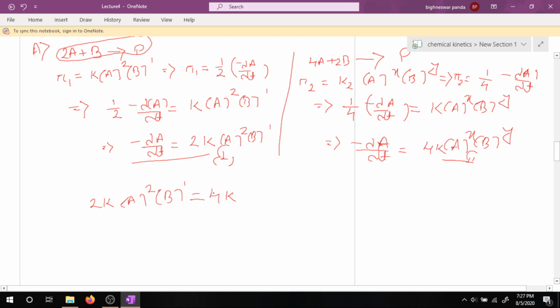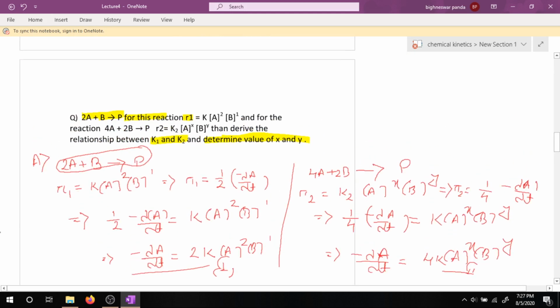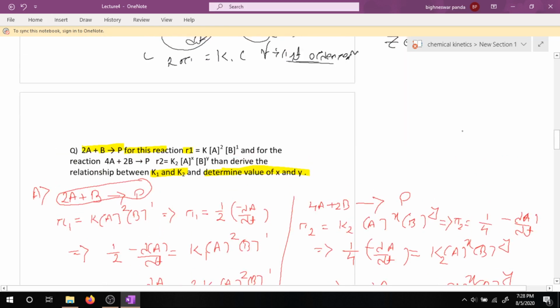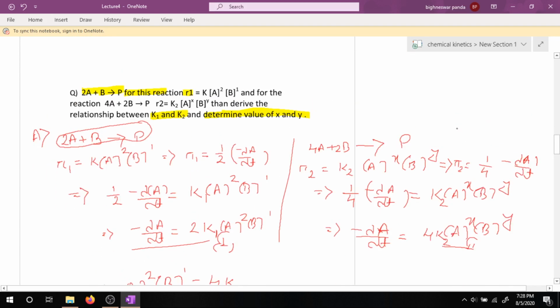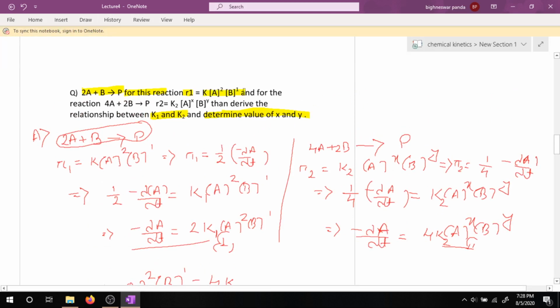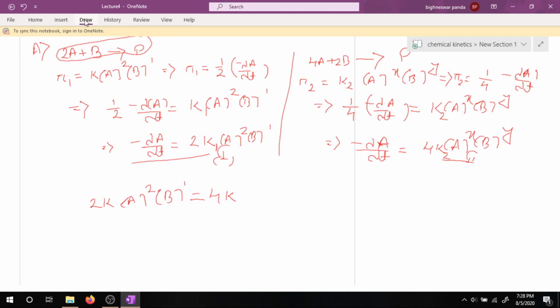Sorry, I made a mistake. The rate constants are given here. Consider k1 and k2, since the question is asking what is the relation between k1 and k2. The rates are k1 A to the power 2 B to the power 1 and k2 A to the power x B to the power y.